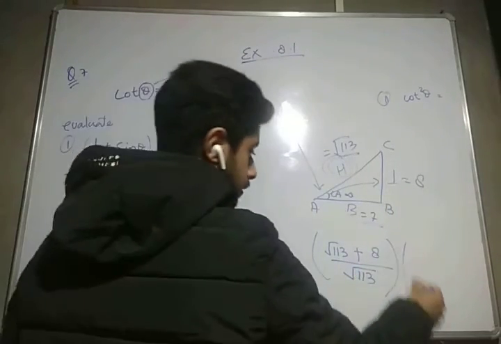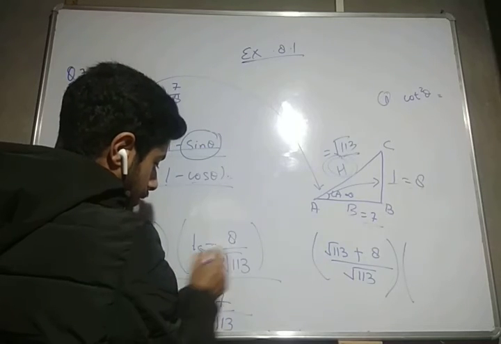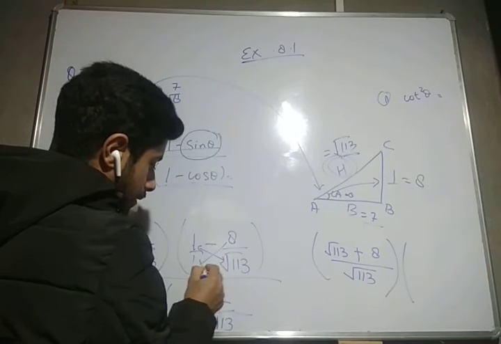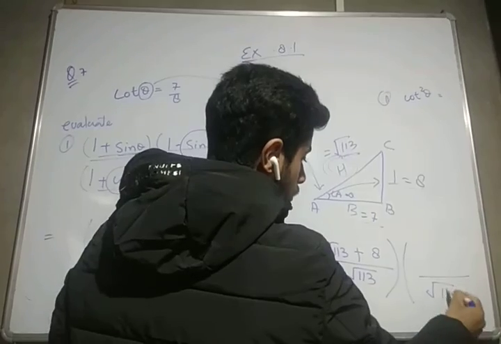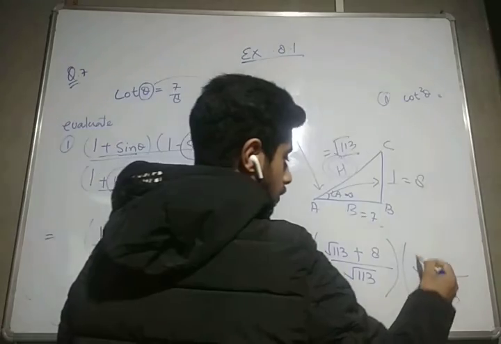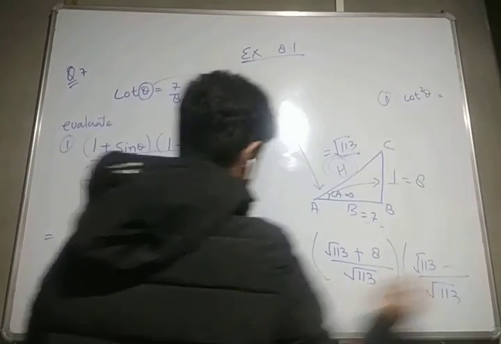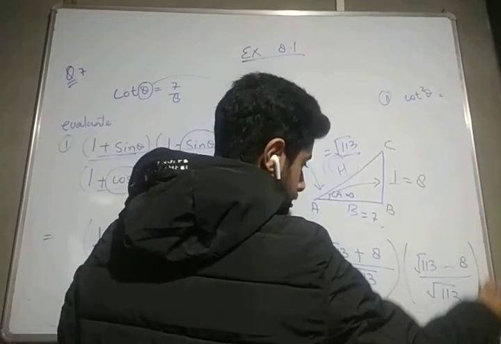Multiplied by this, it's 1 minus 8, so the same. Root 113 into 1 is root of 113, minus 8 into 1, it's 8.